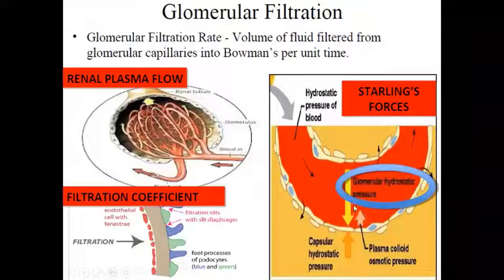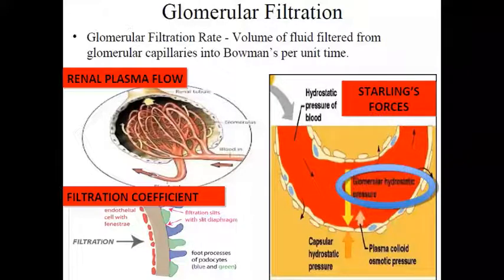Most of the plasma proteins are negatively charged. Because they are negatively charged, they create an attraction force, so they are attracting water molecules. Because they attract water molecules, they want to retain fluids within the capillaries. So it will also be an opposing pressure.